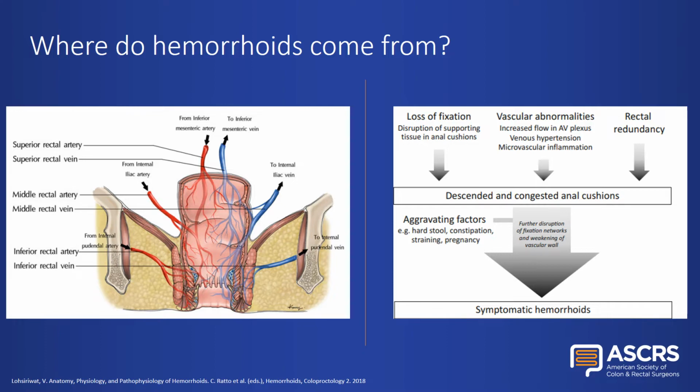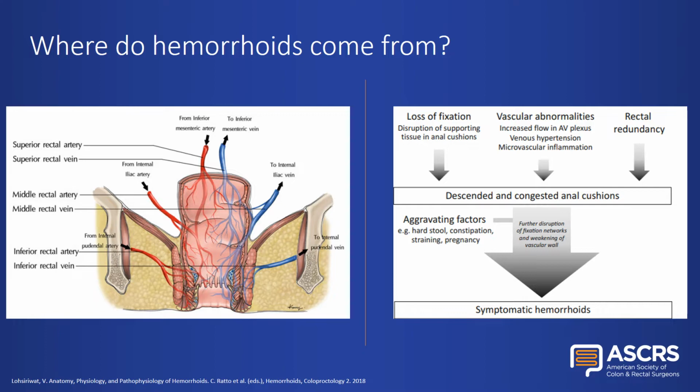Briefly, the anal canal is approximately 2.5 to 4 centimeters in length. Within it are prominent anal mucosa known as anal cushions, which are formed from loose connective tissue, smooth muscle, and a vascular plexus. The vascular plexus is formed by direct arteriovenous communication between the terminal branches of superior, middle, or inferior rectal arteries and their corresponding veins.